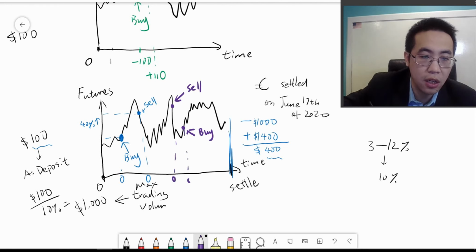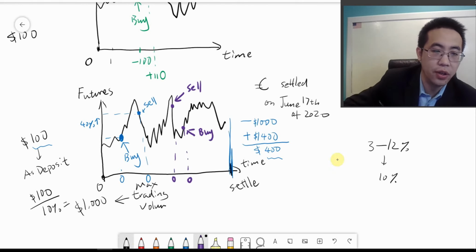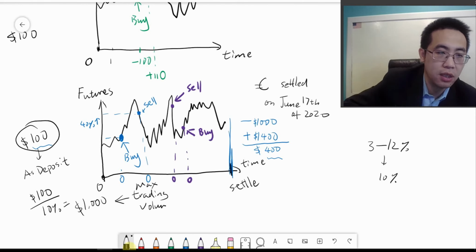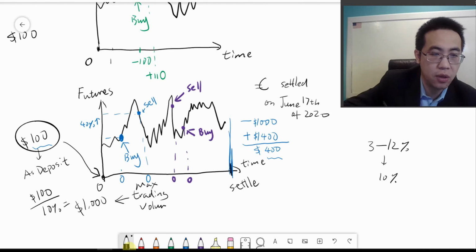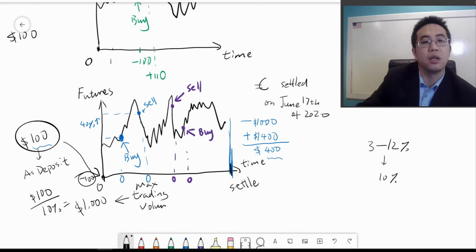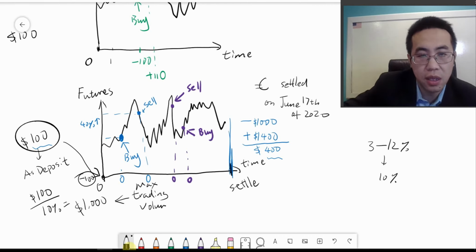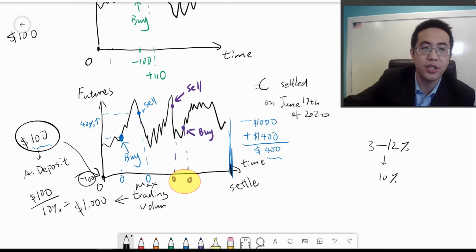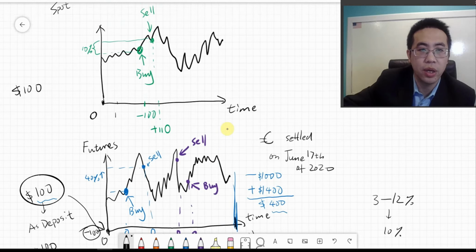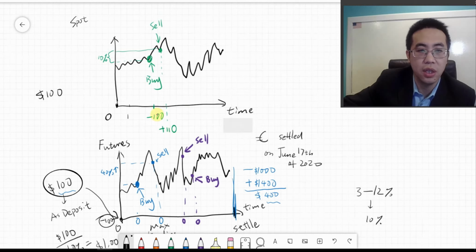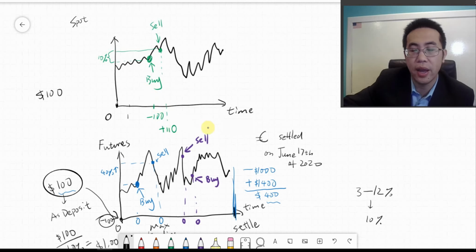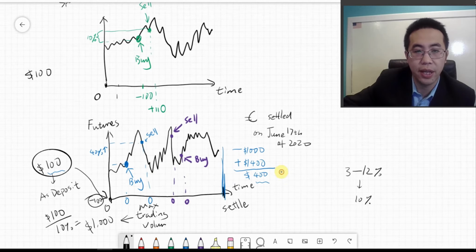Again, your $100 deposit was deposited at time 0. So that's the negative $100 deposit over there. But when you sell the futures and buy the futures, at the moment of making the contract, there's no delivery of cash. But if you do the spot market trading on the top, you will see when you buy or sell, you have to pay or receive the money.